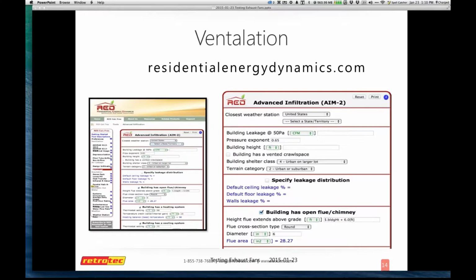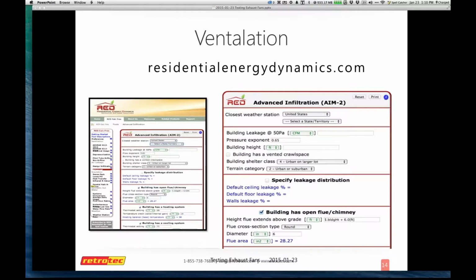They have awesome software, and it's right on their website. It's easy to use. If you hover over any of the fields, it has a little help telling you what it is and why. RED is usually how we refer to them, Residential Energy Dynamics. It can help you with any of your ventilation questions.